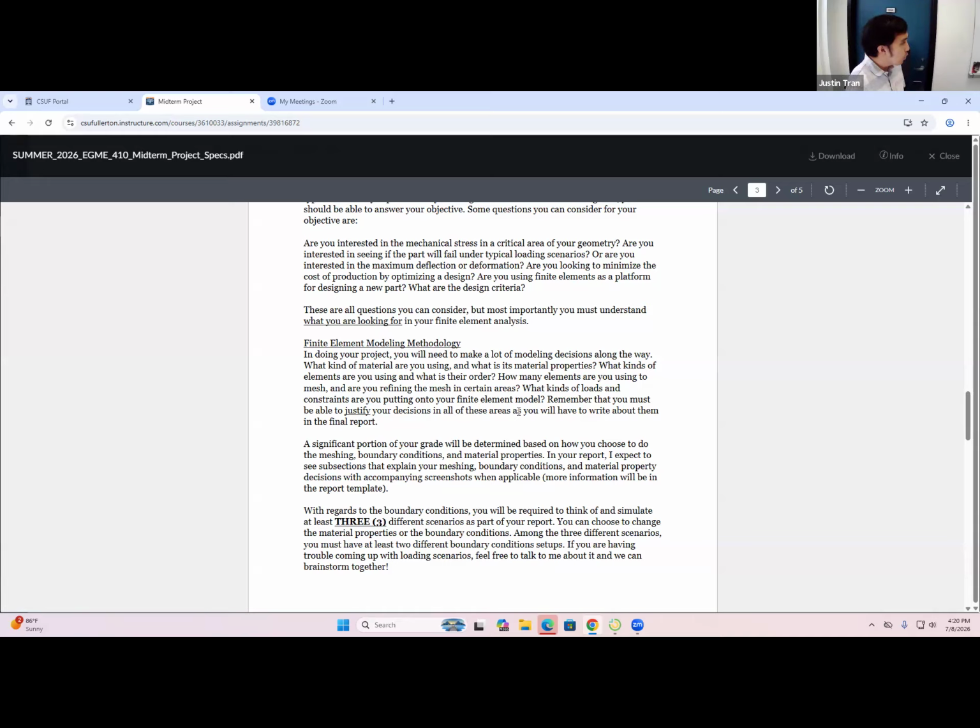When you are writing a report like this, you should write it from a perspective that you're trying to justify all of your decisions. There's a saying commonly said in the world of computational engineering: when you do a simulation, nobody believes your results except for you.